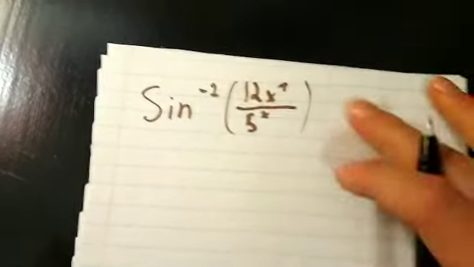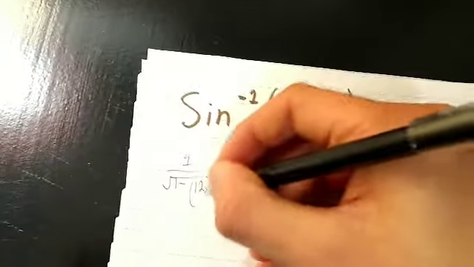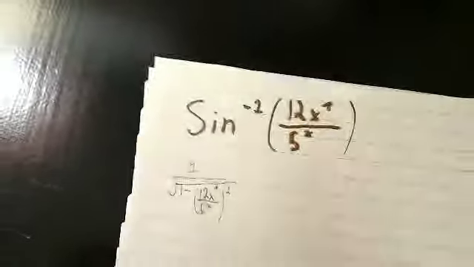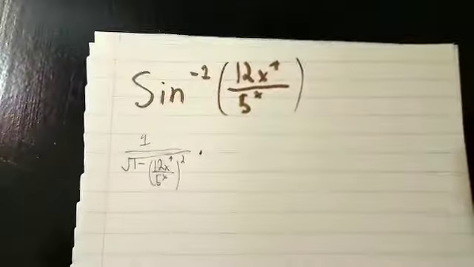So now we have the inverse trig rule. So we'll start off with the 1 over root 1 minus 12x to the fourth over 5 to the x, squared, and then multiply this by some more quotient rule here.